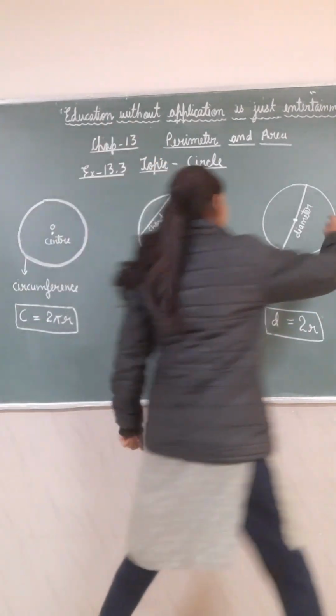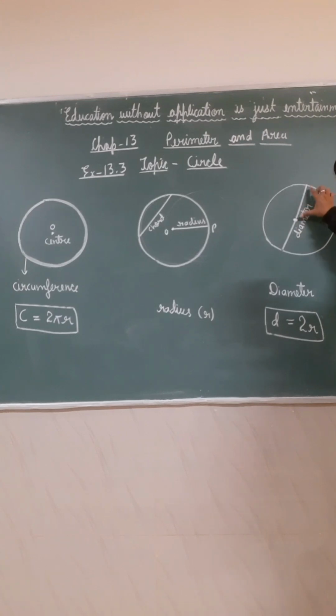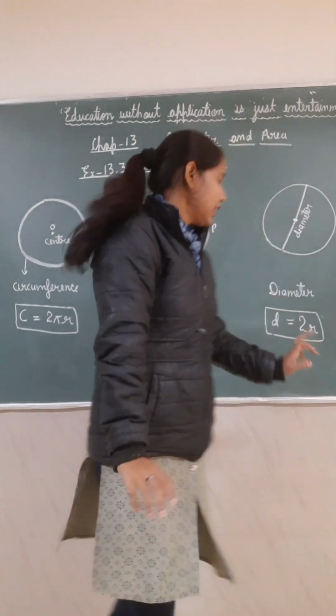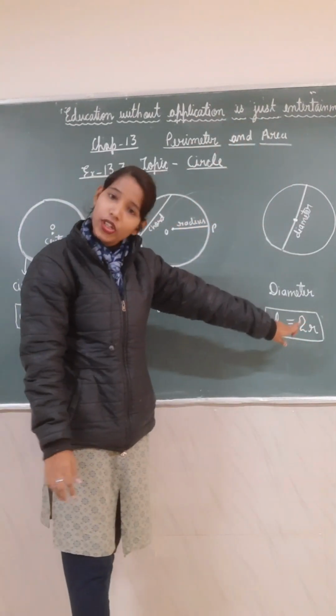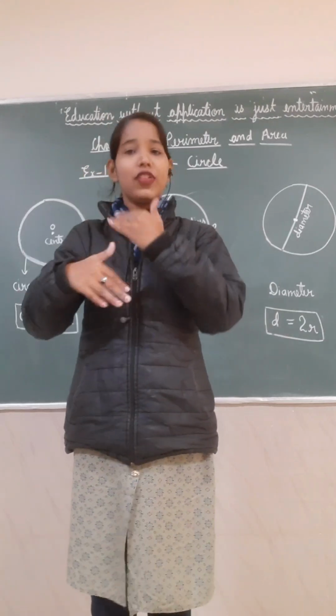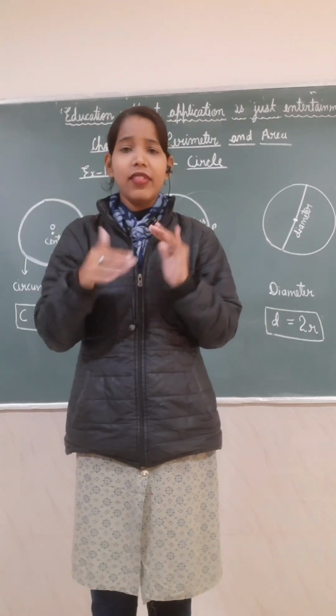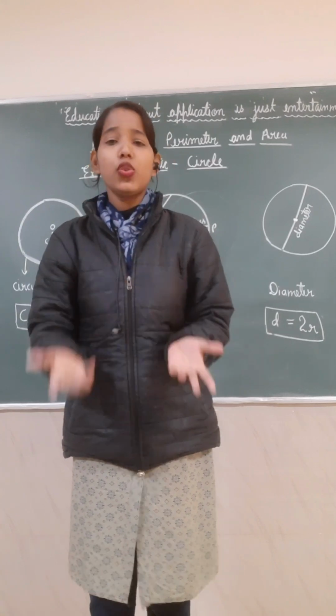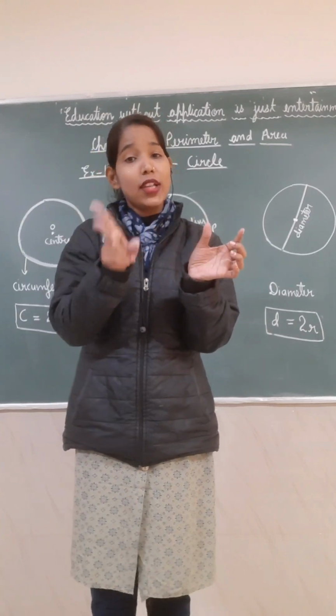Look here, this part is a radius and this part is also a radius, so diameter is twice the radius. Or you can say that radius is equal to half of diameter.